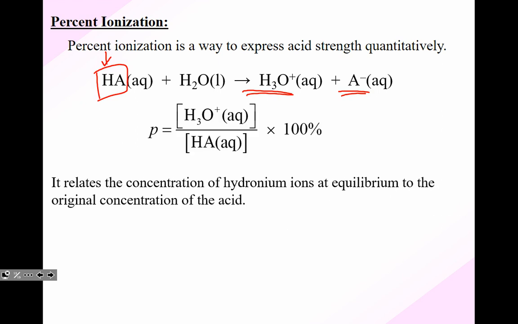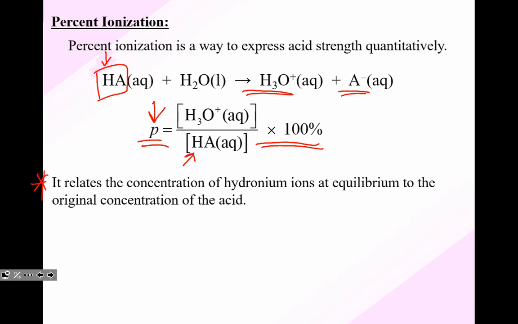So your percent ionization is equal to your hydronium ion concentration over the concentration of your acid, times 100%. Why am I multiplying by 100%? Because this is percent ionization. Anytime you want to find the percent of something, you always have to multiply by 100. It relates the concentration of the hydronium ion at equilibrium to the original concentration of the acid.